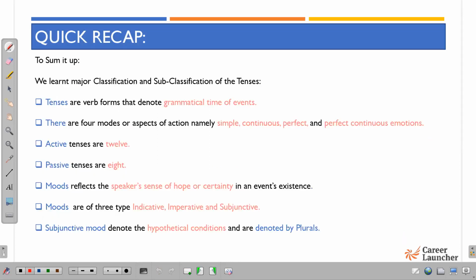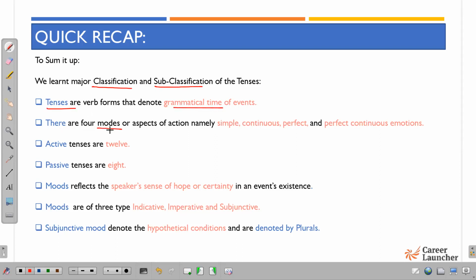Right. So I hope you understand the value of tenses, because it's really very, very important. Before we end, let's quick recap. If you were paying attention, what we did today was understand the major classification and the sub-classification of the tenses. Tenses denote grammatical time of events.